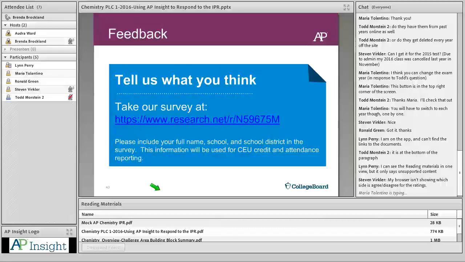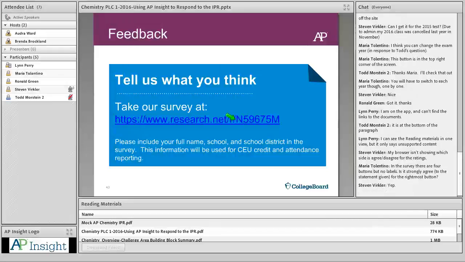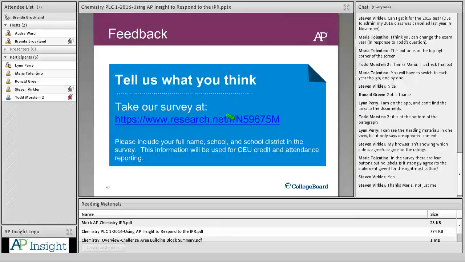Stephen, that is a totally different question. Let me see. Huh, interesting. Okay, well, Stephen, let's go with, right, there are apparently no labels at the top. So let's go with strongly agree on the right, and strongly disagree on the left, and we'll just make that our go-to right now.